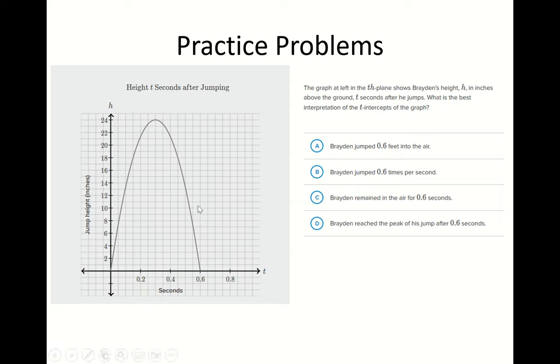Here you have a graph that talks about someone's jump height, so where they are in a jump over a period of time. The graph at the left in the th plane shows Braden's height in inches above the ground, t seconds after he jumps.